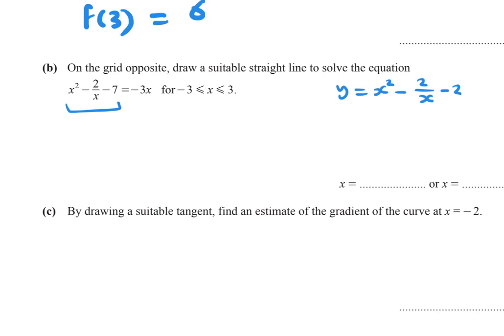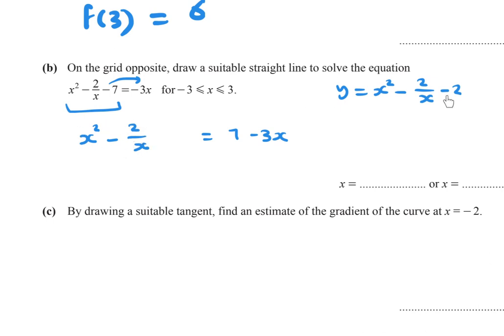So keep the terms which are included in the original function to the left. So now keep (x squared minus 2) over x and transpose negative 7 to the other side. So 7 minus 3x. Now, this is not the curve.